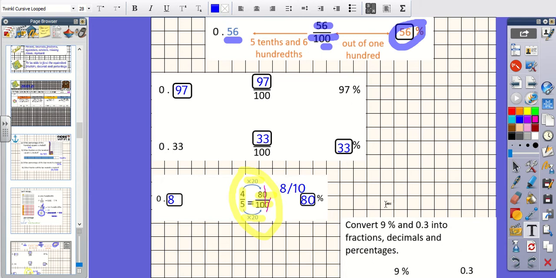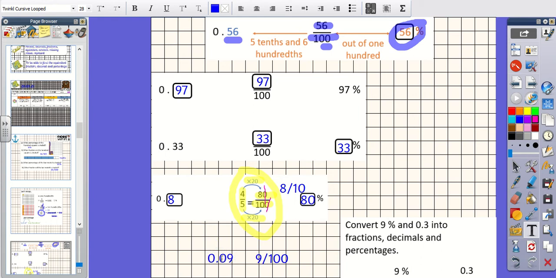Okay then, so here we have got convert 9% and 0.3 into fractions, decimals and percentages. So let's start off with 9%. We've already got that as a percentage. So as a fraction, that's going to be 9/100ths. And as a decimal, that's going to be 0.09 because we have got 9/100ths.